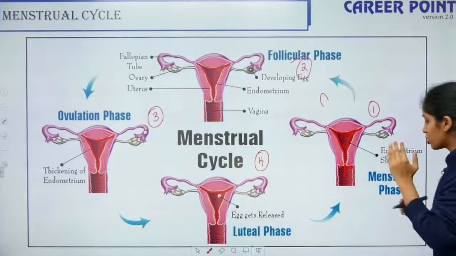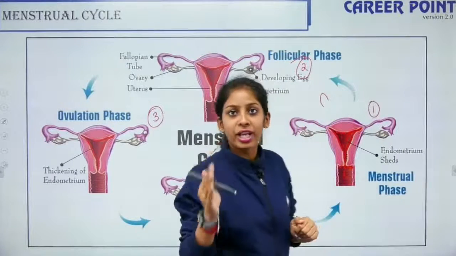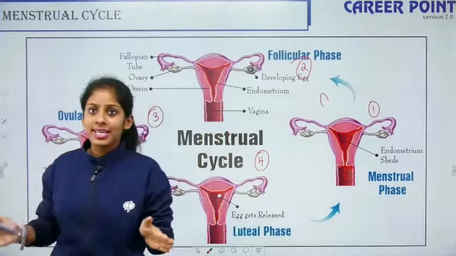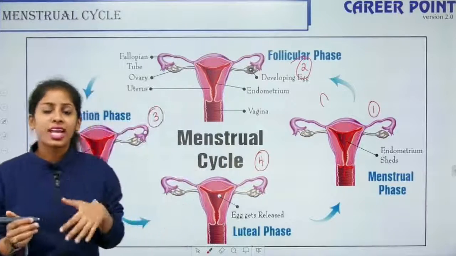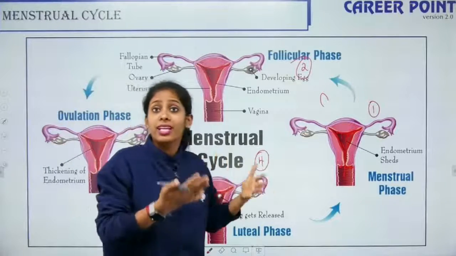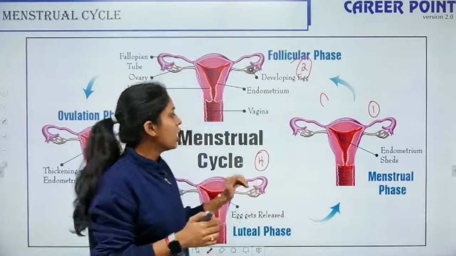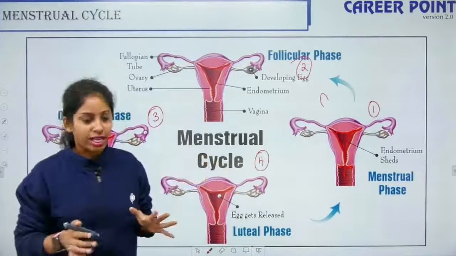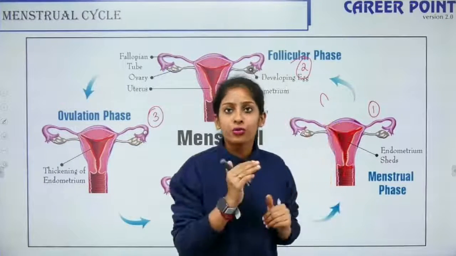The first stage is called the menstrual phase. It starts from day 0 to day 5, in a cycle of 28 days. In some females it can be day 1 to day 3 or day 1 to 5. What happens in the menstrual cycle? The endometrium layer of the uterus sheds.